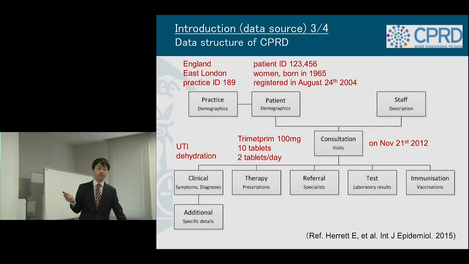And if the GP measured and recorded blood pressure, this is also recorded, but not every time. So like this, the data are stored separately. And if researchers want to do a study, they split and merge these data sets into a single data set for analysis, like we do in the Japanese JMDC database.